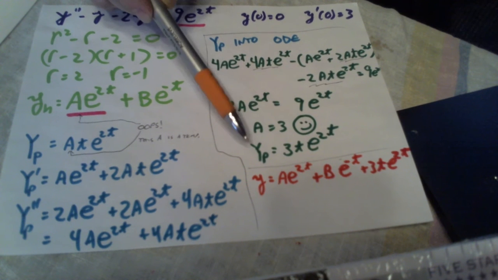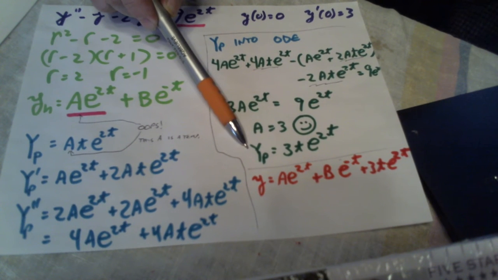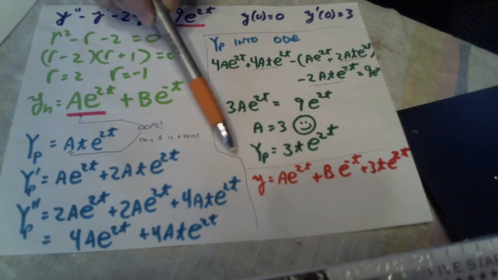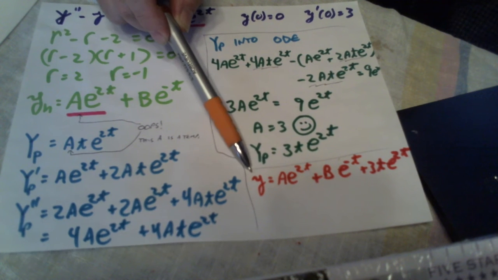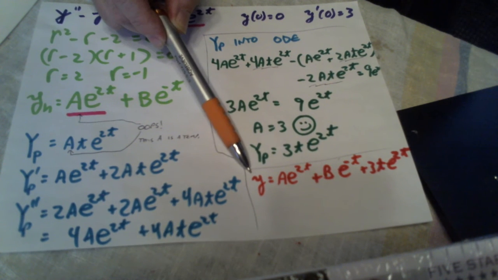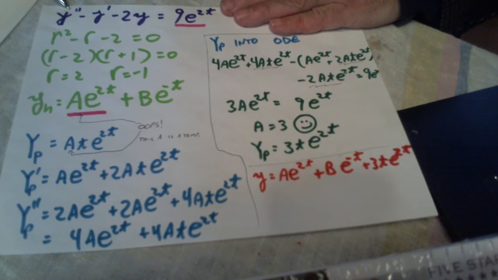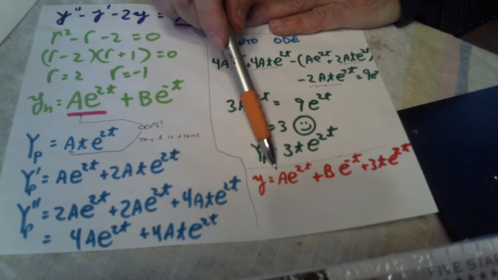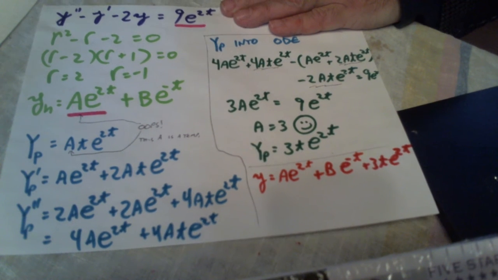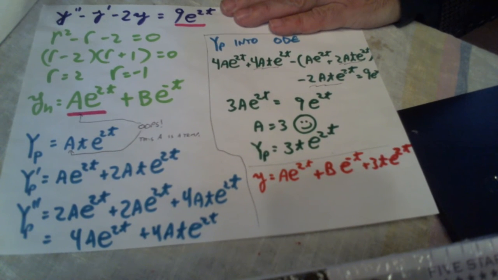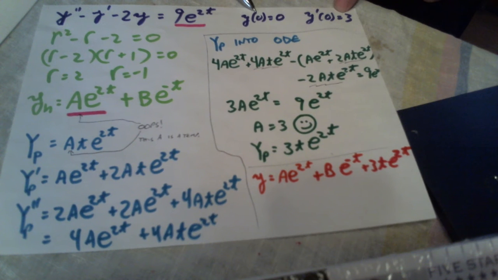So now I've got my particular solution, which means at this stage of the game, and understand, at this stage of the game, I have the general solution. This is the general solution to any differential equation of this form without initial conditions. This differential equation up here, every solution is of this structure. Every solution. And then the capital A and the capital B depending on these guys.